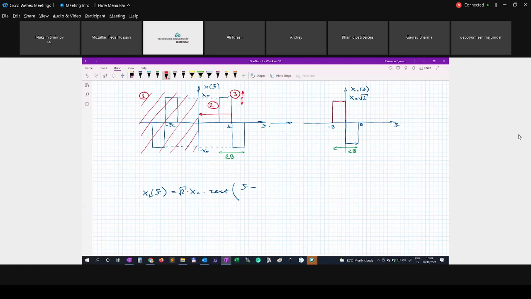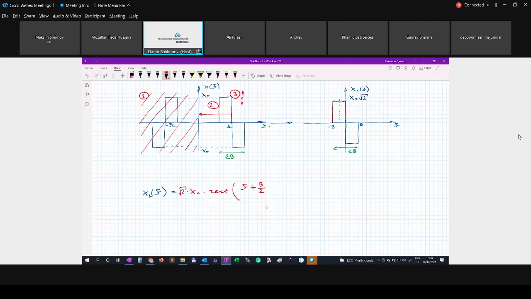Then it will be plus. So we have F plus, and what? We place the middle of our rectangular function. So the middle will be at minus B by 2. Then it will be B by 2.